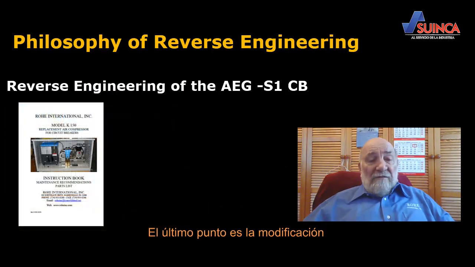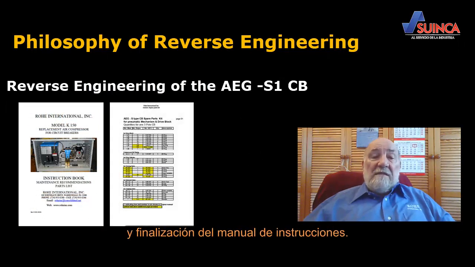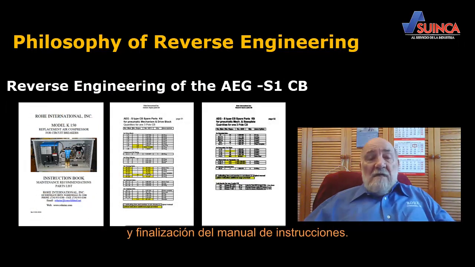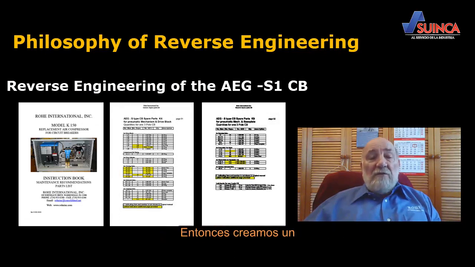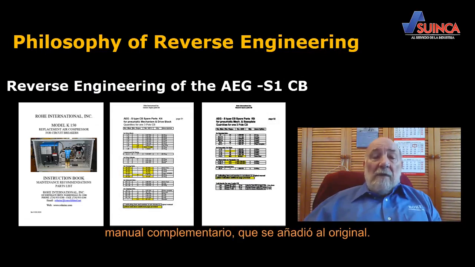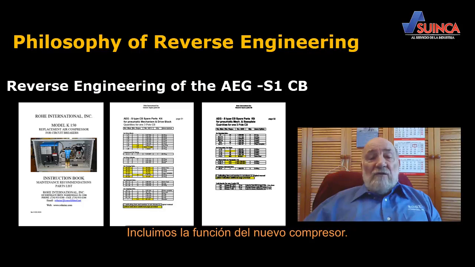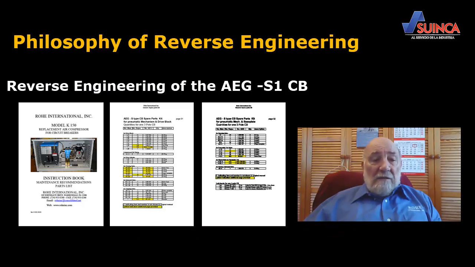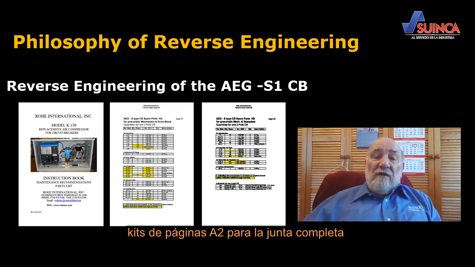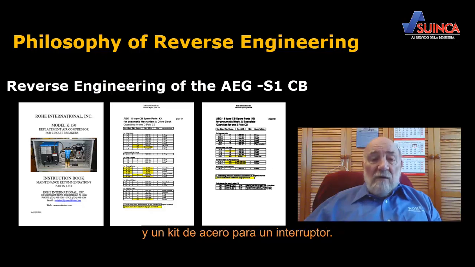Now, the final item is the amendment and the completion of the instruction manual. So we created a supplemental manual which was added to the original. We included the function of the new compressor, the new air dryer, and also we included a 2-page list for the complete gasket and seal kit for a breaker.